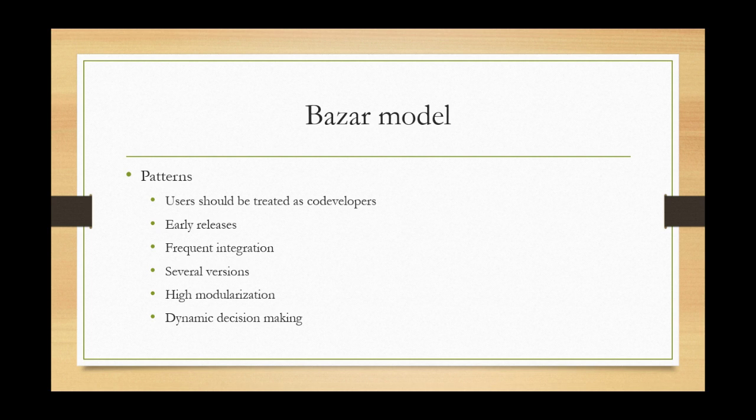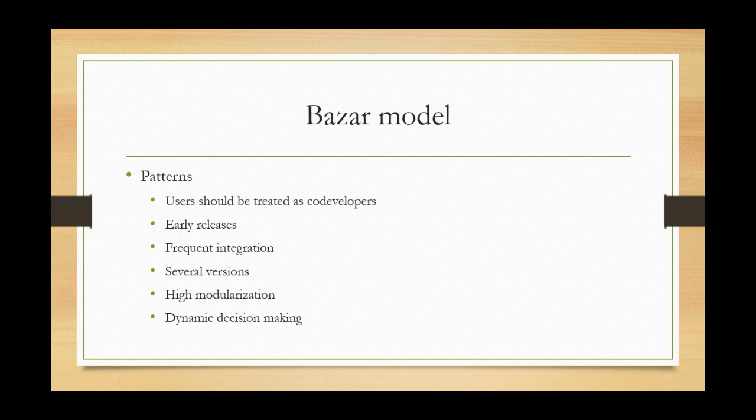Having more co-developers increases the rate at which the software can evolve, as we have previously said in Linus's law: given enough eyeballs, all bugs are shallow. That means that if many users view the source code, they will eventually find all bugs, and hence they will suggest how to fix them.